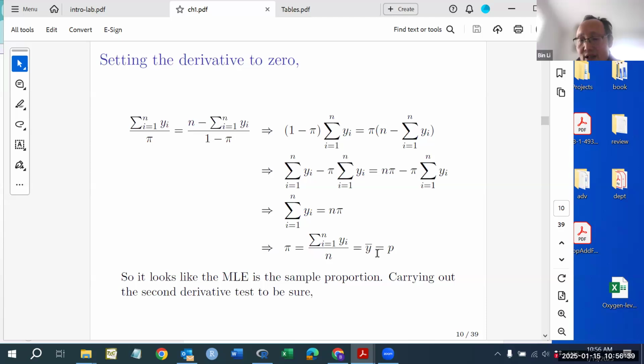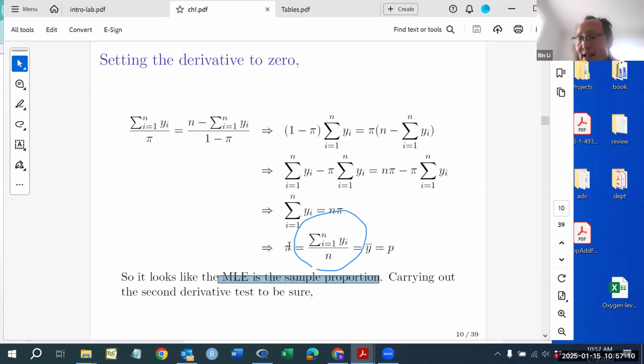Then this can be easily solved. The pi is equal to what? Pi is equal to the average of yi. What is the average of yi? Average of yi means the sample proportion. The sample proportion of success, right? So this is the P. Okay, so we can see the MLE is the sample proportion.